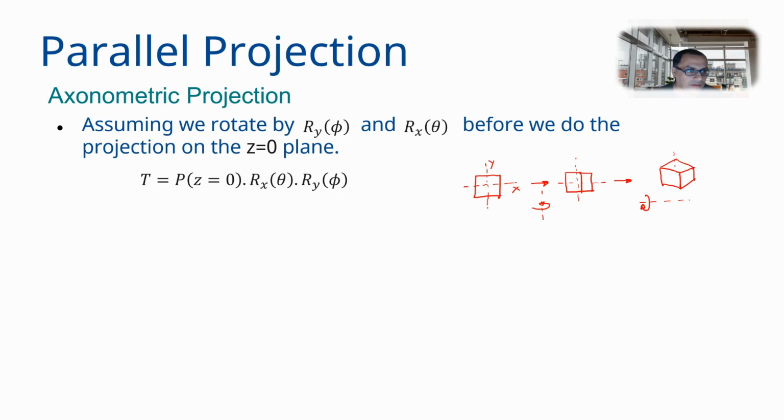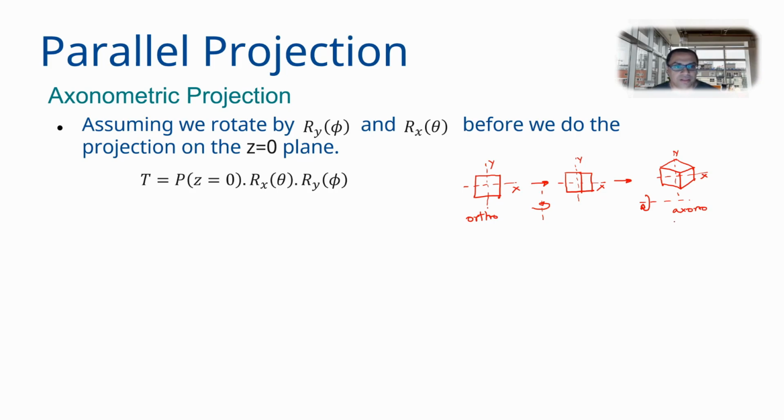Okay, where we continue to have the y-axis. So you can see that this was the orthographic view, and this is an axonometric view.